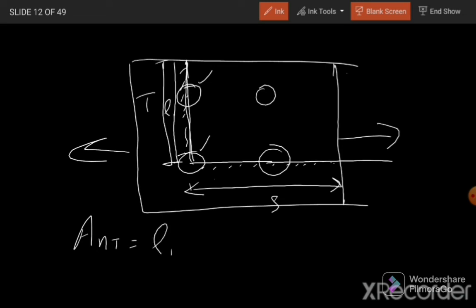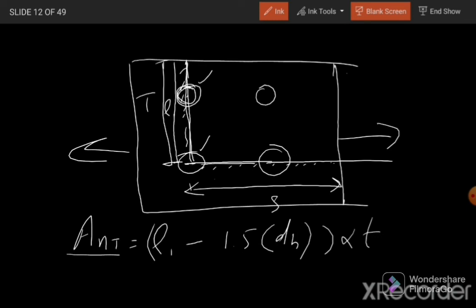So L1 minus, we need to subtract 1.5 times the diameter of the hole: half from the center of the hole, and for this hole it will be considered complete. So this will be our net length, multiplied by the thickness of the plate.